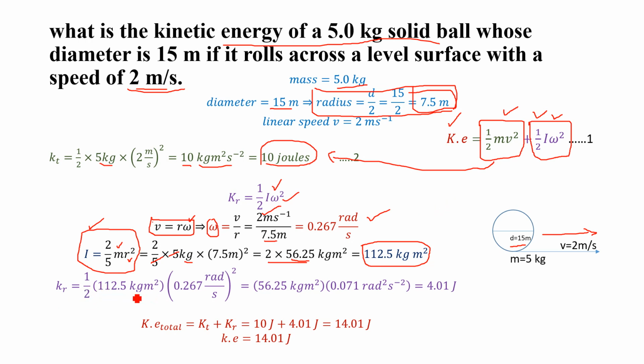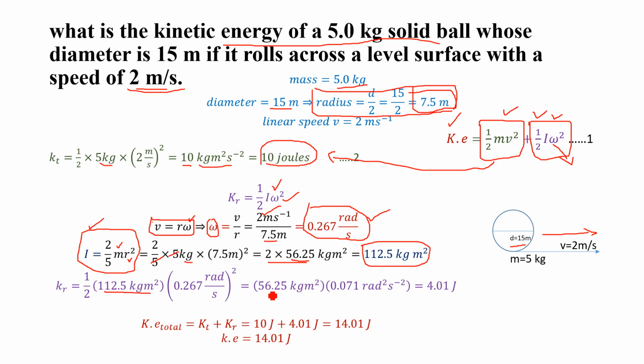112.5 kilogram meter square is the value of moment of inertia which we have determined, and 0.267 radian per second whole square is the value for this angular velocity omega. Substituting this value and this value in this equation, we will get 1 over 2 into 112.5 kilogram meter square into 0.267 radian per second whole square.